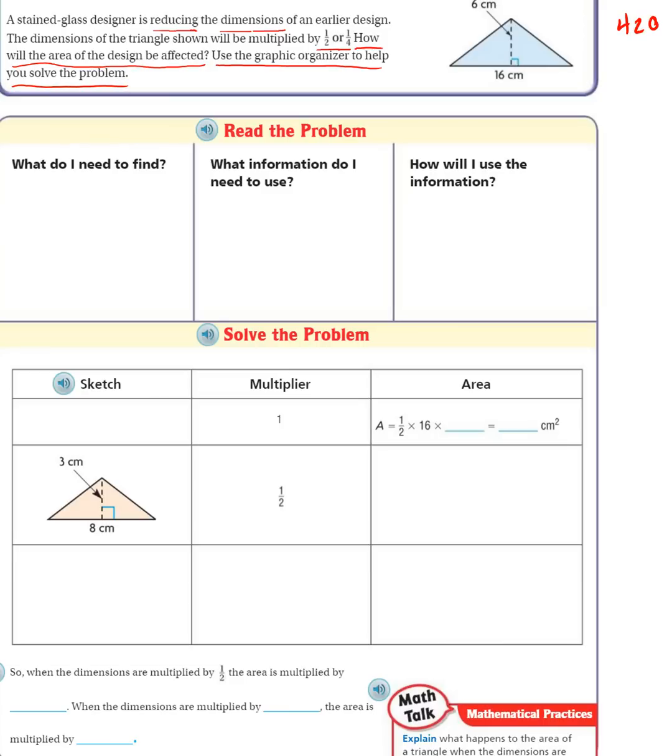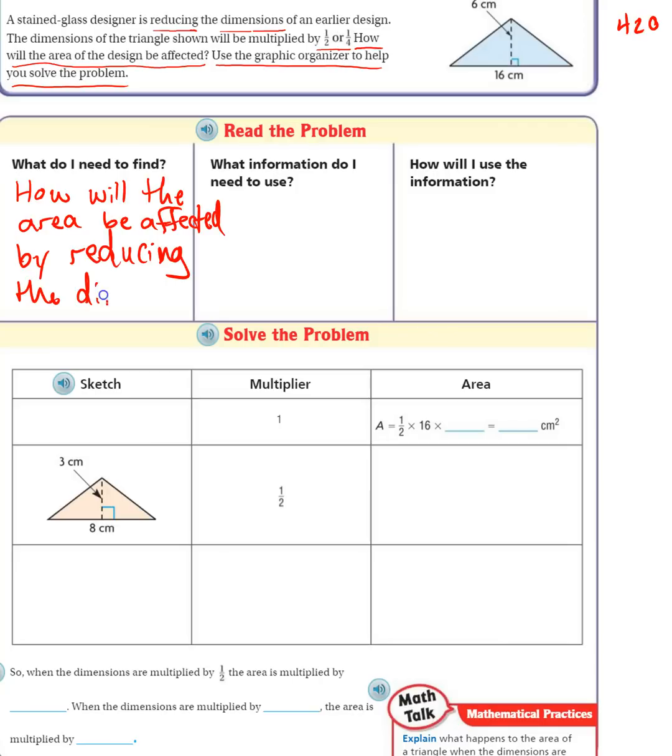I need to find how the area will be affected by reducing the dimensions. That's what I need to find.